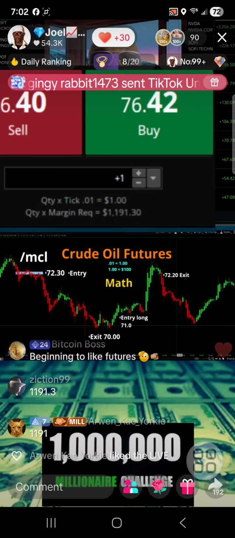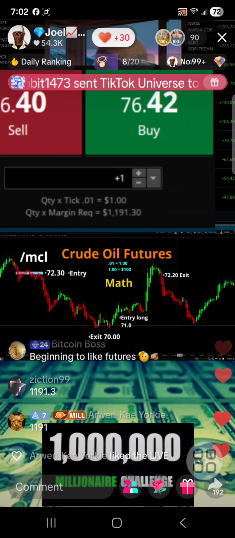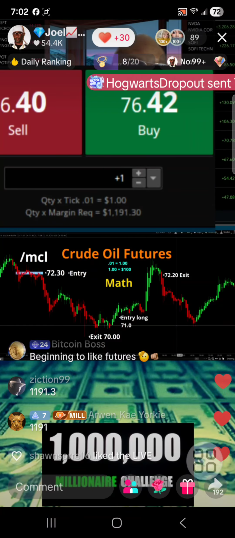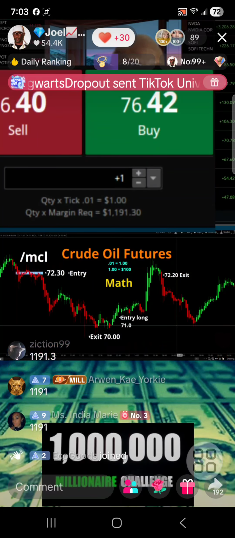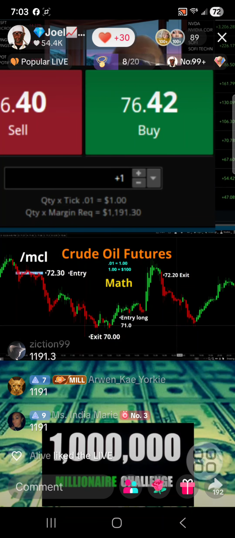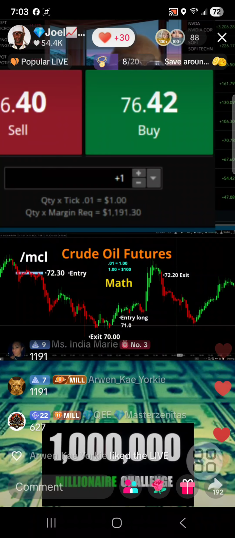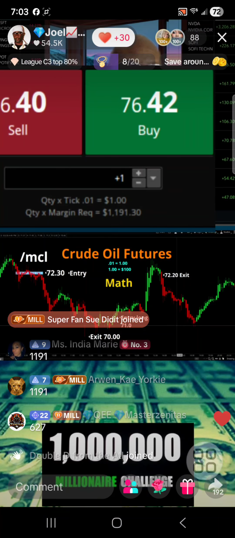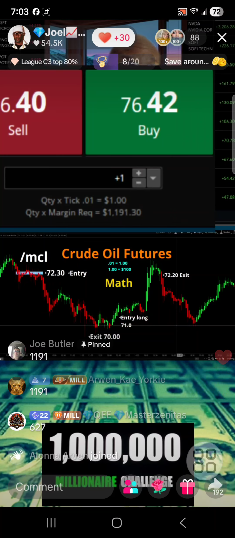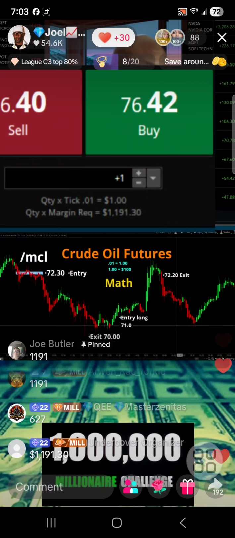How much money do I need to be able to control about, I think this is 100 barrels, because I think 1,000 barrels is for the big ones. So I think this is 100 barrels for the micros. You need $1,191. Yes, you can negotiate your commissions.